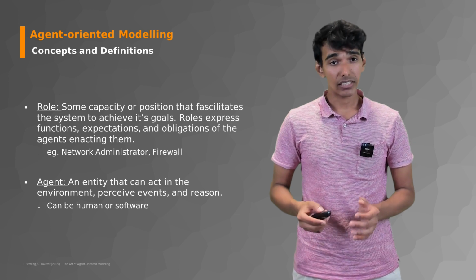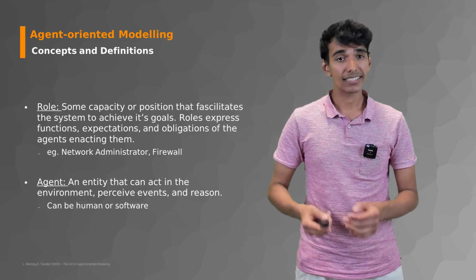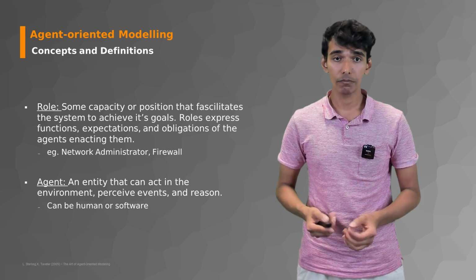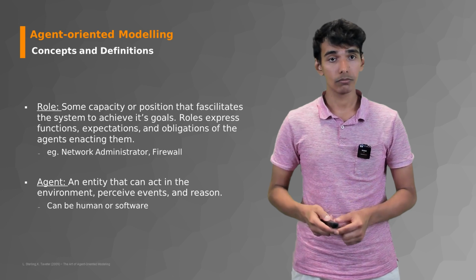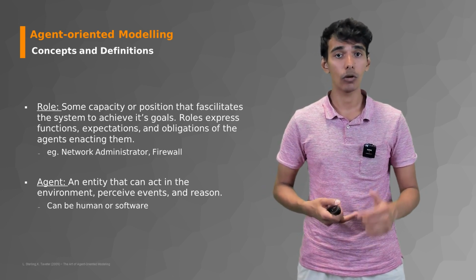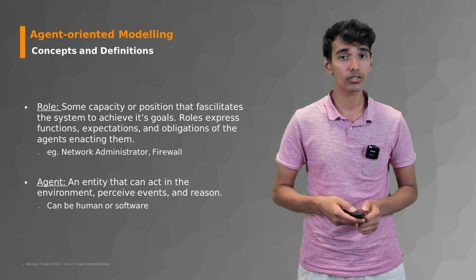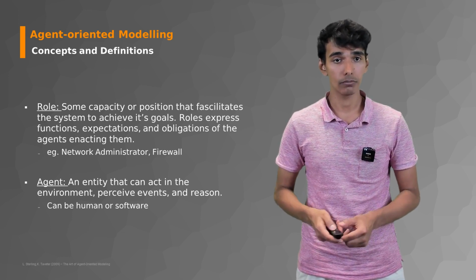So what exactly is a role? Moving on from goals, a role is some capacity or position that facilitates a system to achieve its goals. Roles express functions, expectations, or obligations of the agents acting inside of your system.